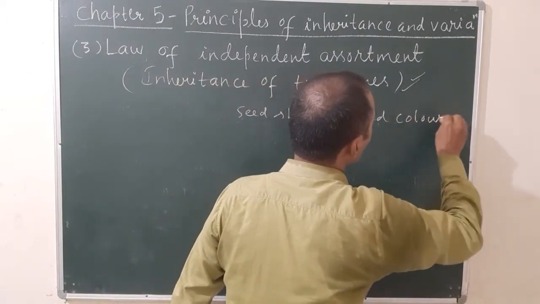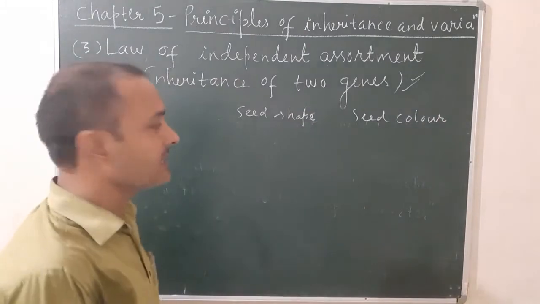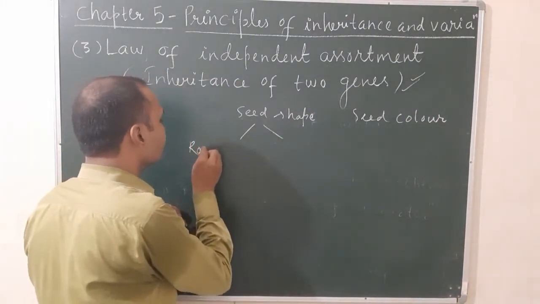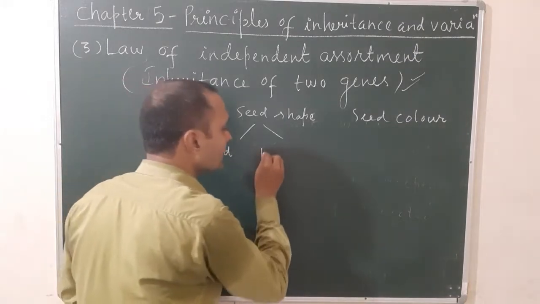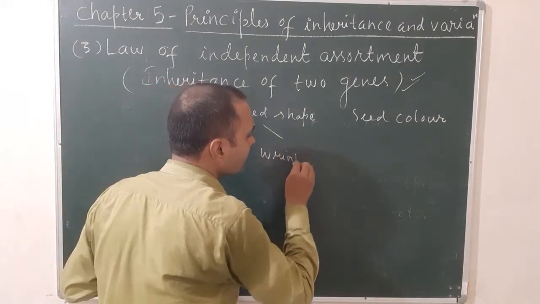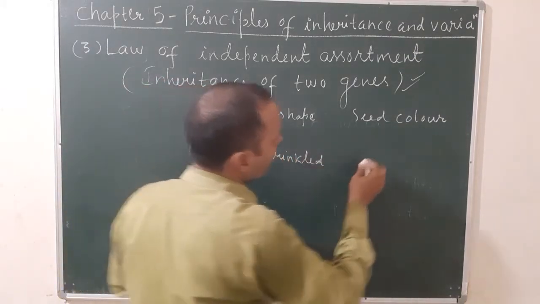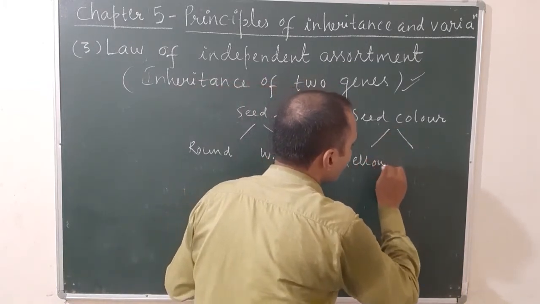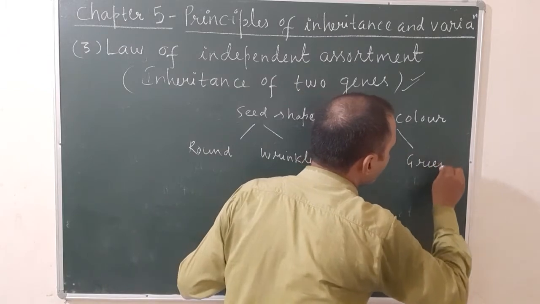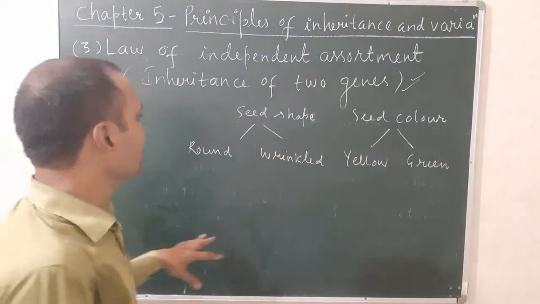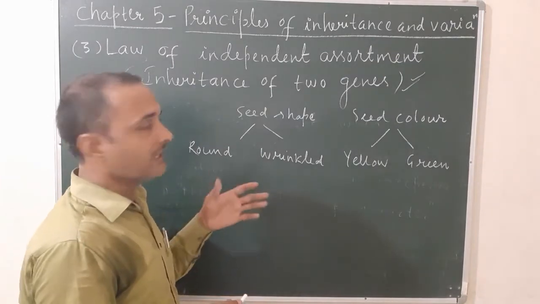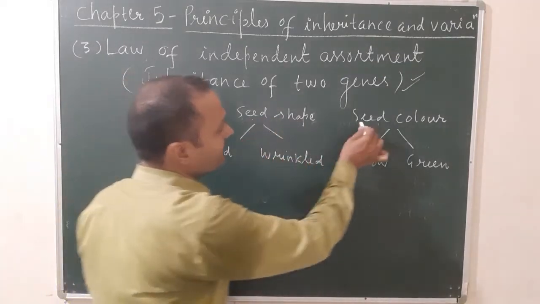First, you have to know, in the simple way, that seed shape was round and wrinkled, and seed color was yellow and green.